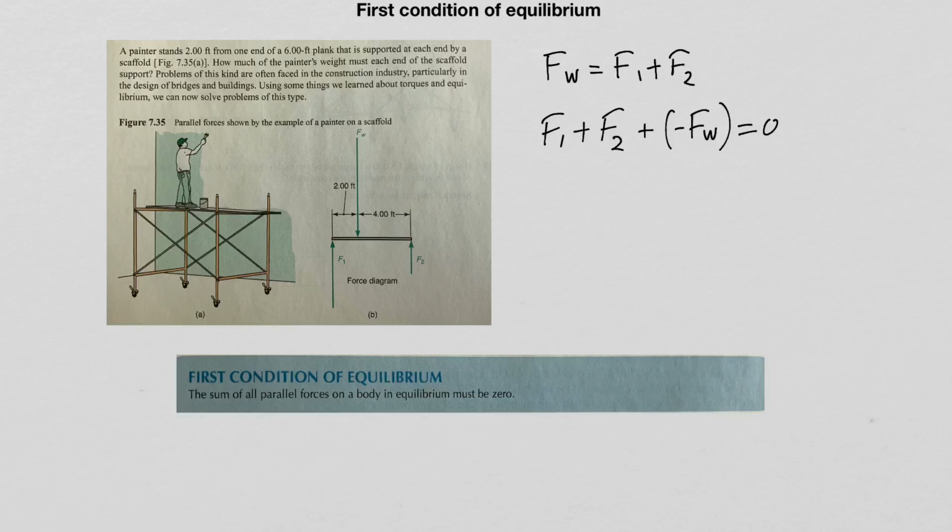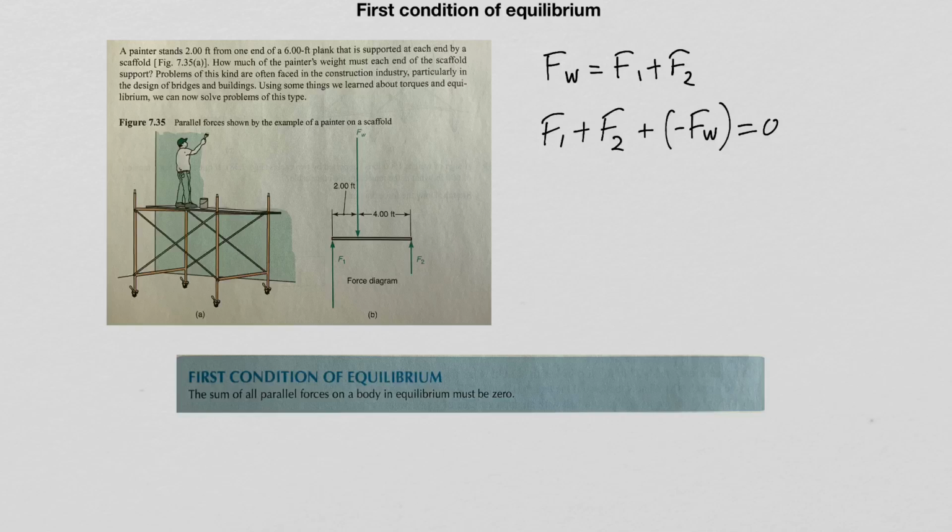So no matter how many forces act on the body, the sum of all those forces, and they must be parallel, must be equal to 0 if the body is in equilibrium. So if a body is in equilibrium, and we know that for sure, that means that the sum of all parallel forces acting on that body is 0.